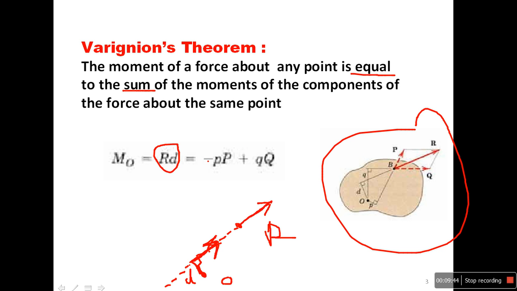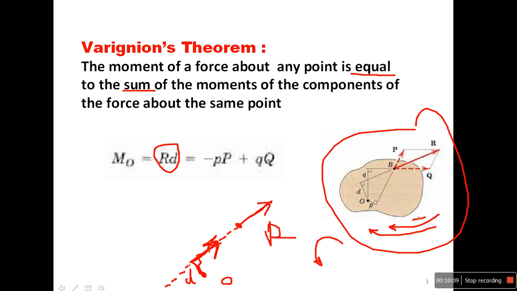Now why minus? Because this R rotates the body clockwise, and Q also clockwise, while P, you can see, this P and this R will rotate counterclockwise.